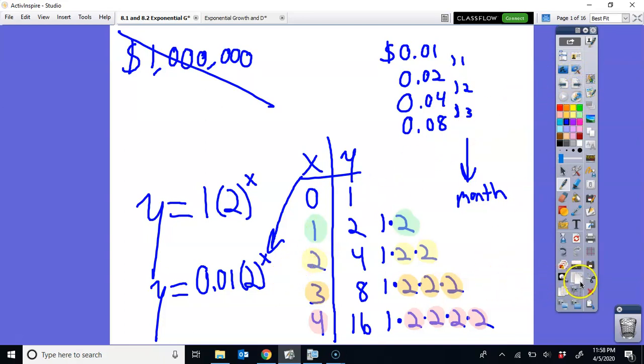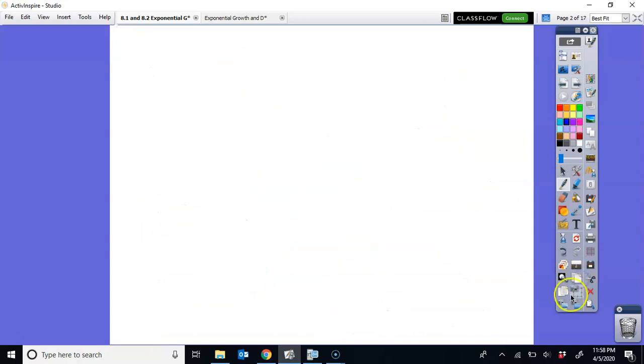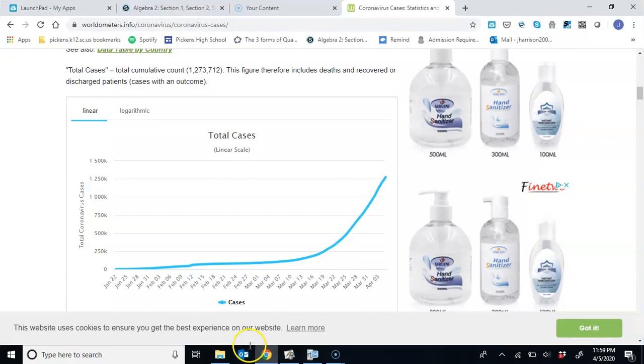If you did your math in the real world assignment, you should have found, it's very readily available on the internet, you should have looked it up and said, what kind of math function represents the coronavirus spread? You would have seen an exponential function. This is the total cases in the world for the coronavirus.